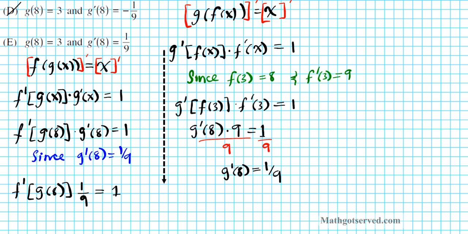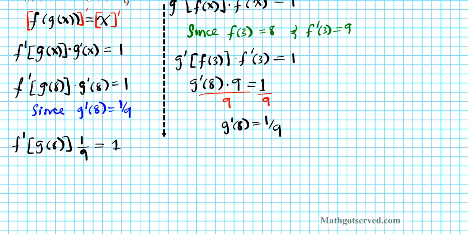Okay, and then multiply both sides by 9, of course. And then we're going to have f prime of g of 8 is equal to 9.